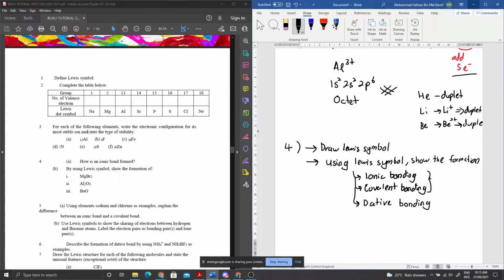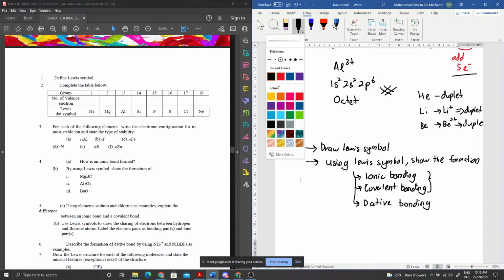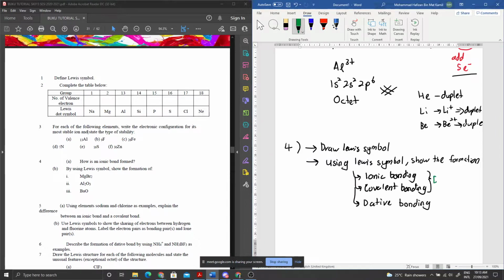And how do we decide whether it is ionic or covalent is from the electronegativity difference. We look at the two atoms involved and the electronegativity difference.